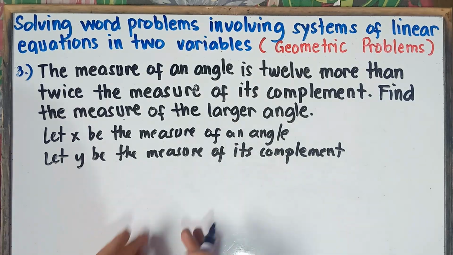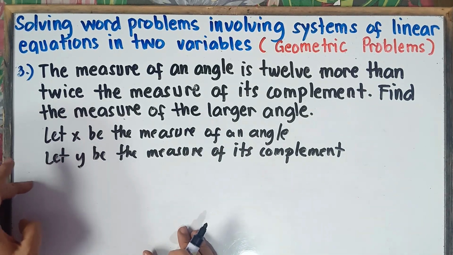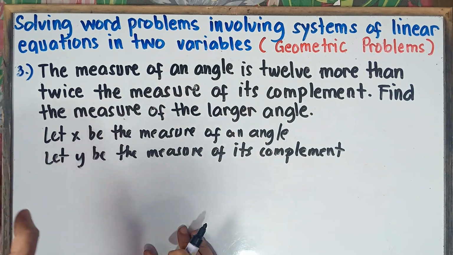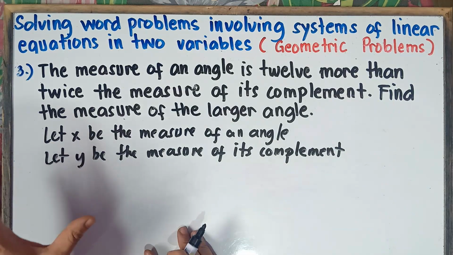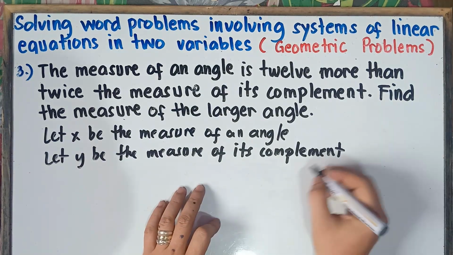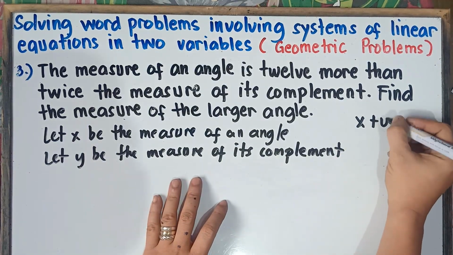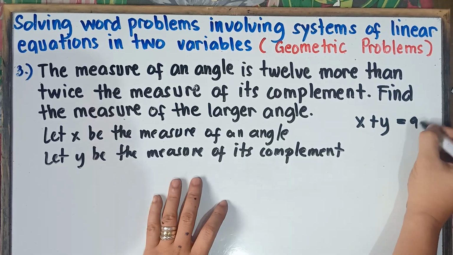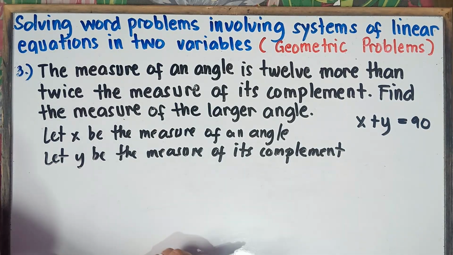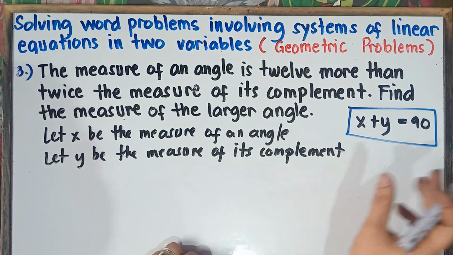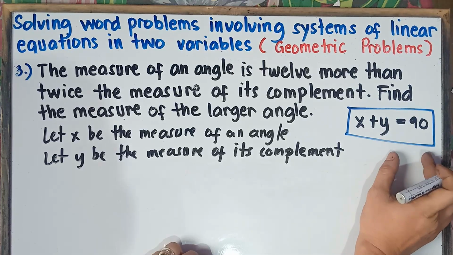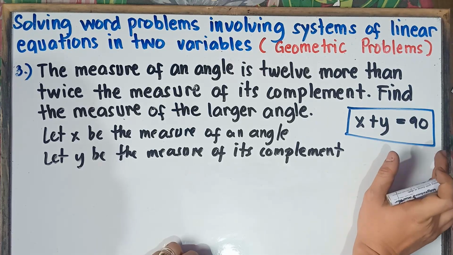But we know if we add these two angles, the sum is equal to 90 degrees, because complementary angles add up to 90 degrees. Therefore, we can say x plus y is equal to 90 degrees. We call that complementary angles.